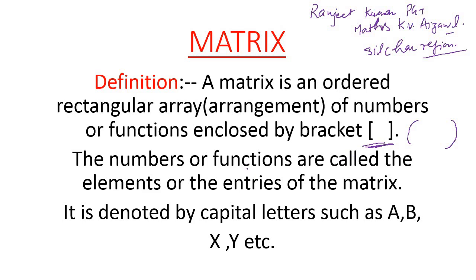The numbers or functions inside this bracket are called elements or entries of the matrix. It is denoted by capital letters A, B, X, Y, C, D, whatever you can use here.